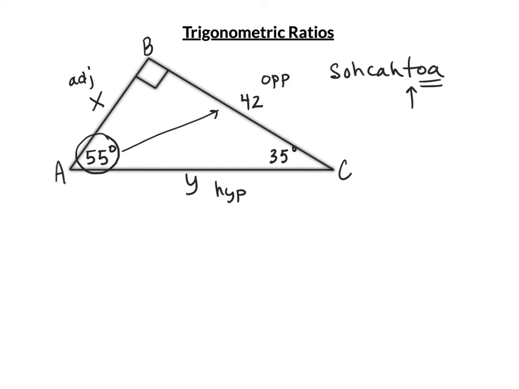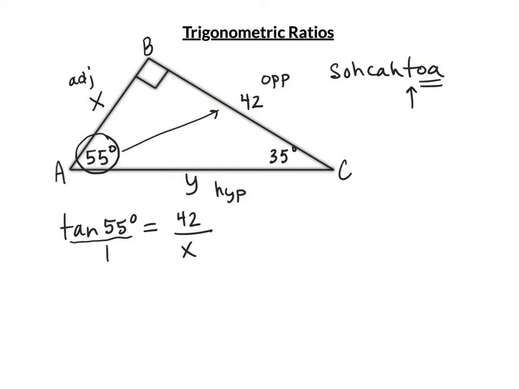That would be tangent. So I'll write the tangent of 55 degrees equals the opposite, which is 42, over the adjacent x. The solving ends up being a little different here because x is in the denominator. We need to divide to solve.